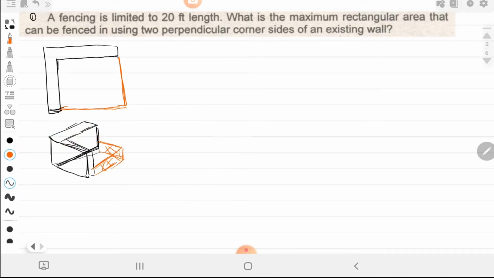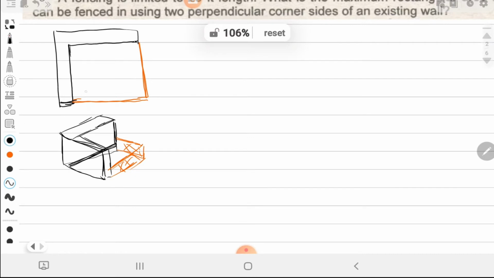Okay? So this fencing material is 20 feet.